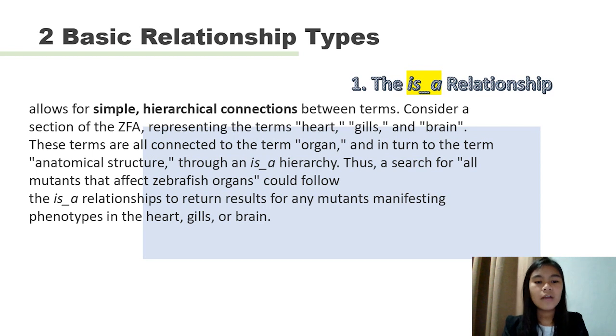These terms are all connected to the term organ, and in turn to the term anatomical structure through an is-a hierarchy. Thus, a search for all mutants that affect zebrafish organs could follow the is-a relationships to return results for any mutants manifesting phenotypes in the heart, gills, or brain.